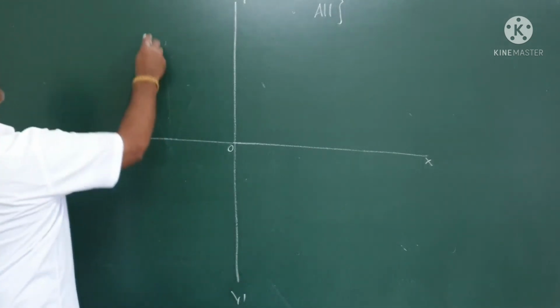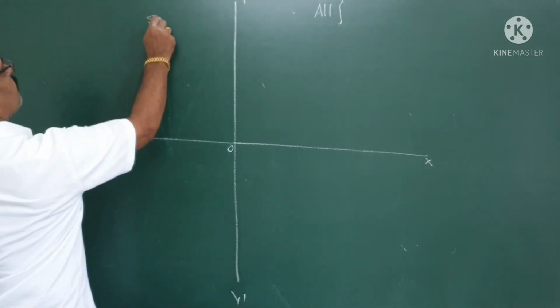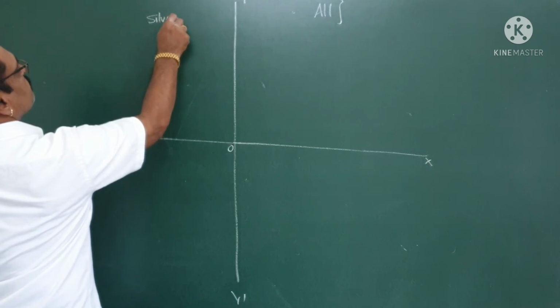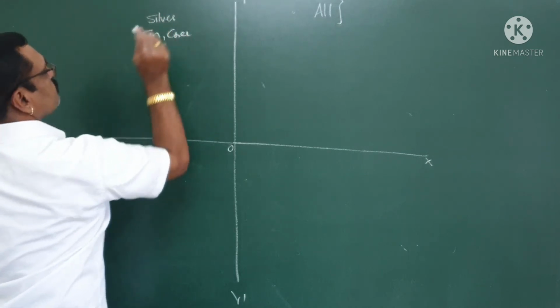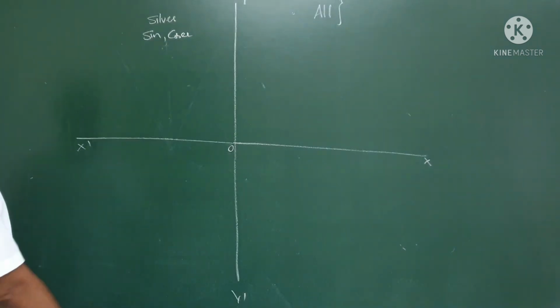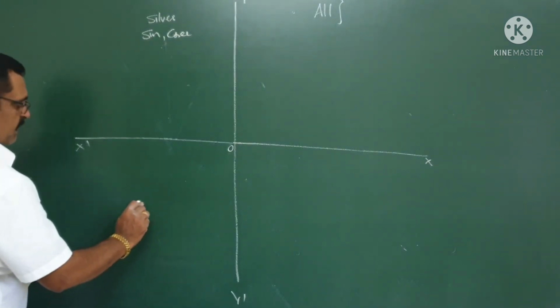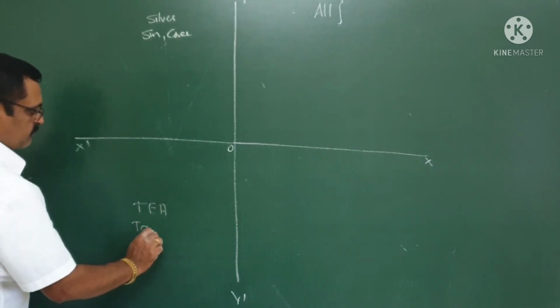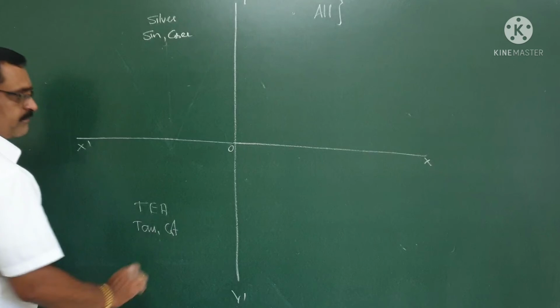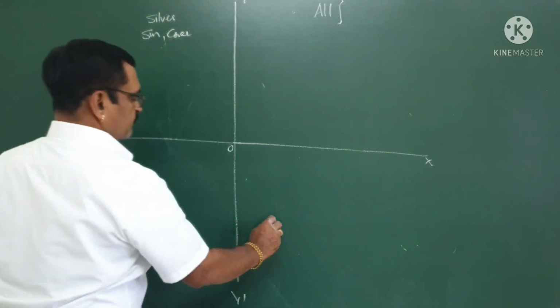Whereas the second one, its name is sin: sine and cosecant are positive. Next one, in this one we have tan: tan and cot are positive. Whereas this is cos.